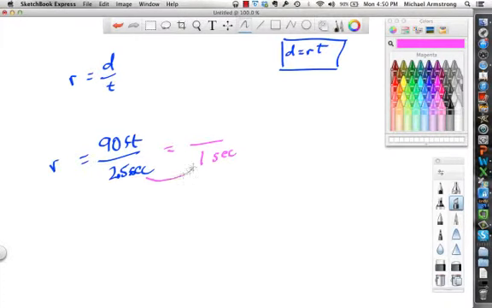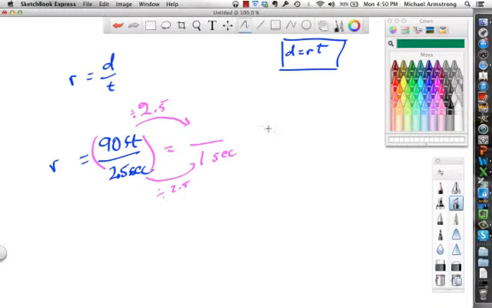To get from 2.5 to 1, we have to divide by 2.5. So to get the same thing on the other ratio over here, we have to do them both by 2.5. So this shows you that it's 90 divided by 2.5 because a fraction is a division sign.